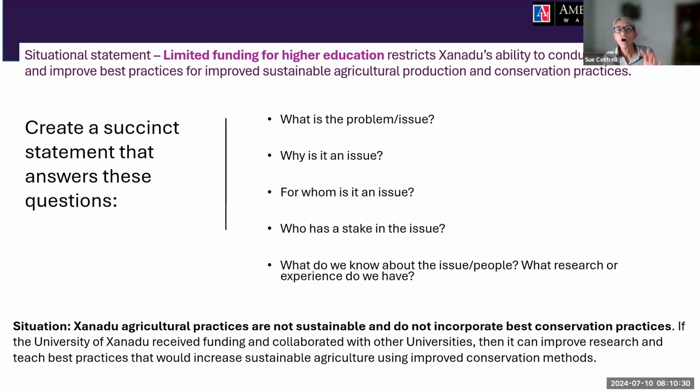So getting all of those questions answered in a succinct statement is a lot. And you can't go into any detail really about how you're going to get all of these answered in a succinct statement. So I've given a couple of different examples here.